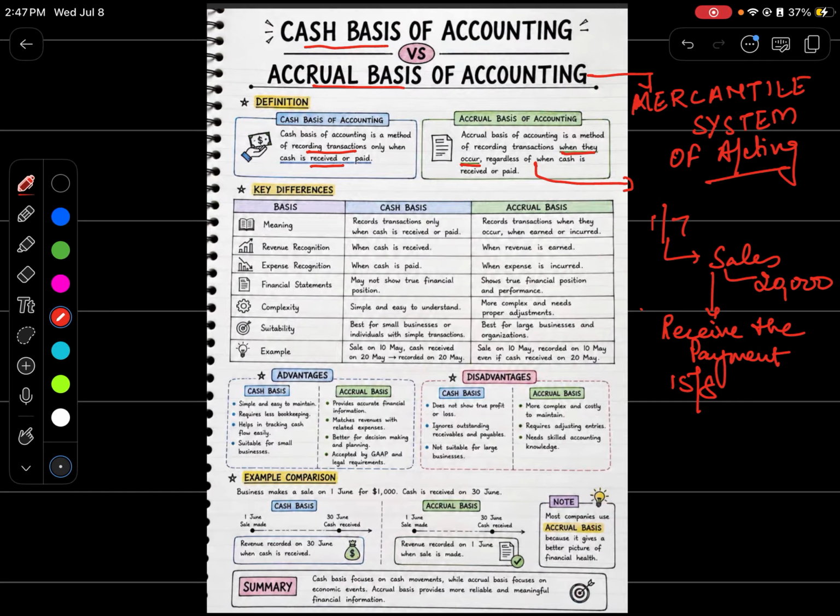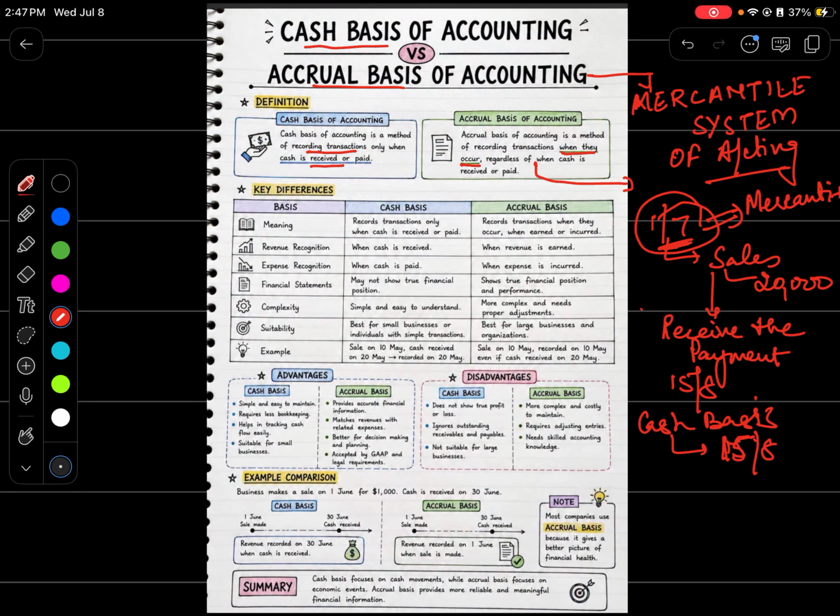Now in this case, under cash basis of accounting, we will record the journal entry on 15th of August. Why 15th of August? Because 15th of August is the day when we are receiving the cash. Whereas under mercantile basis, we are going to record the transaction on 1st of July.